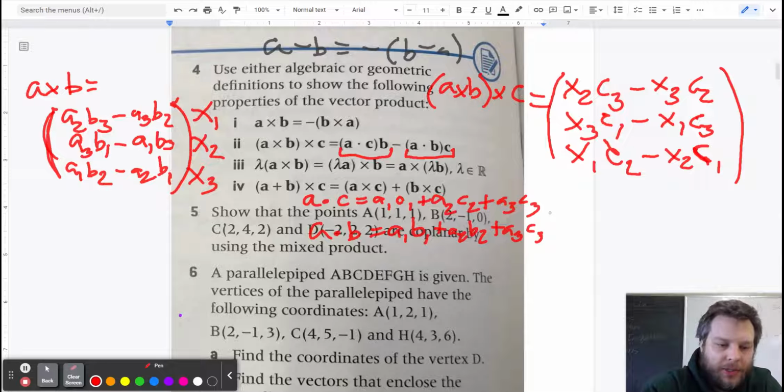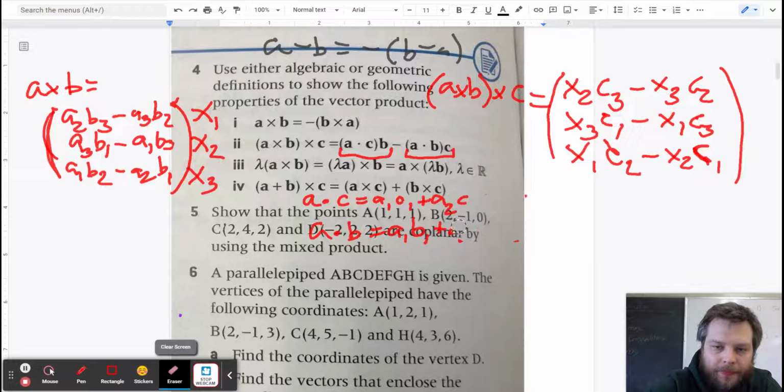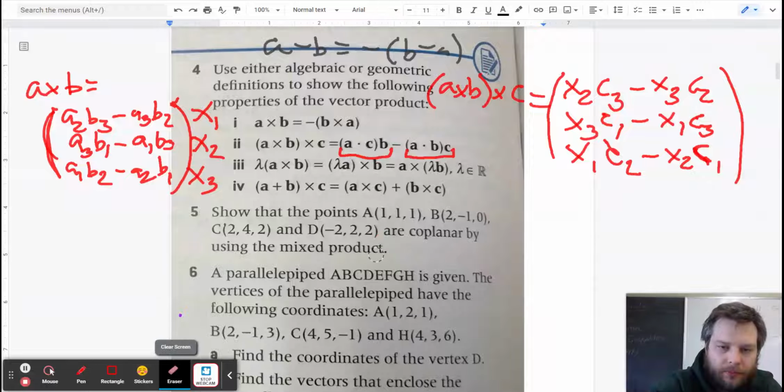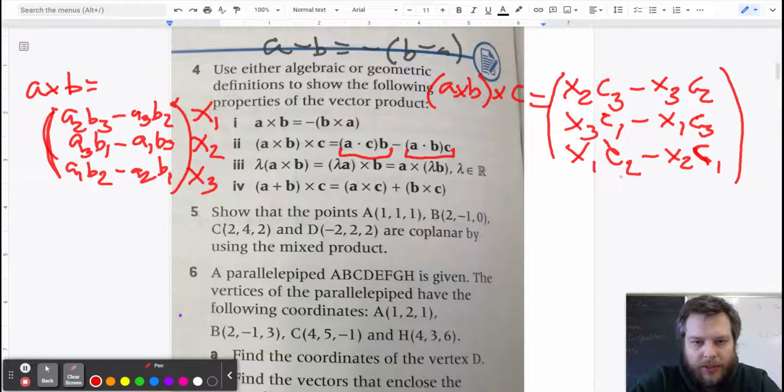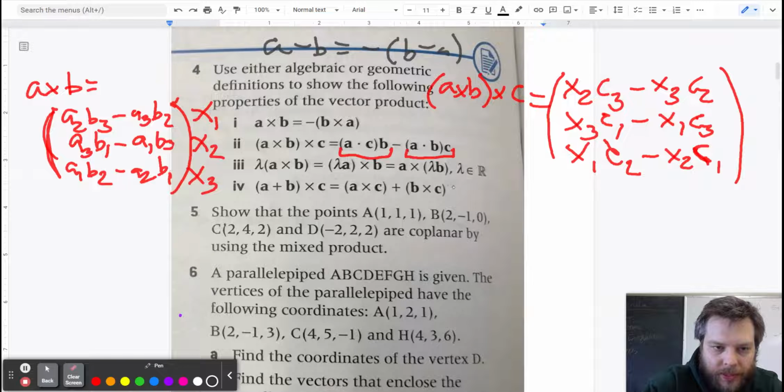So let's substitute in what the x2s and everything stand for. This is just a lot of writing. So let's see if it works. Okay, so x2 can be replaced with a3 b1, and that's times c3.